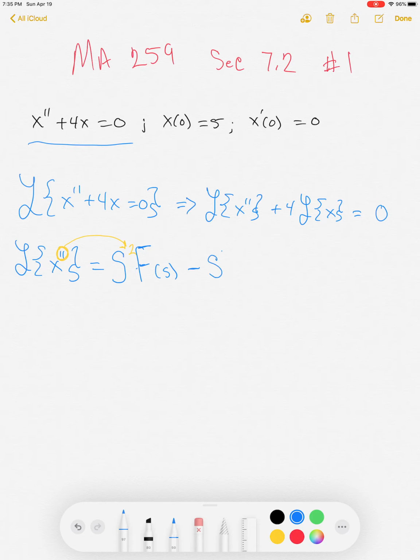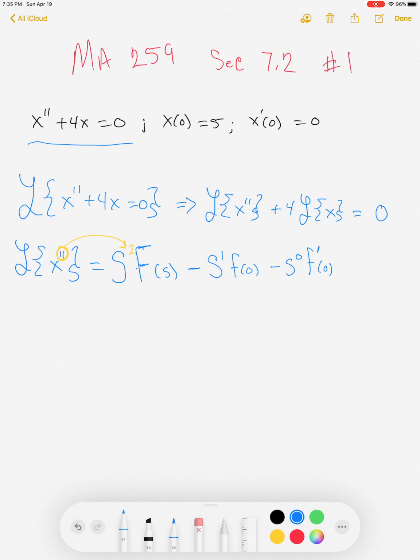So s to the first, then I take the first derivative of f, and that's lowercase f of 0. Subtract s of 0, then the next derivative of f, which is f first derivative of 0.